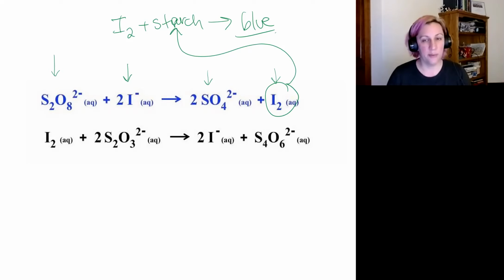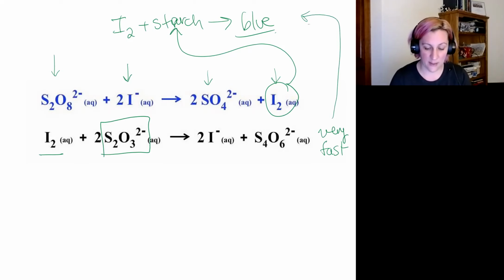So this is when we employ the second trick. We add another chemical to the reaction mixture, one that does what we call a side reaction, and that is this S2O3 2 minus. This will react with iodine very fast, like super duper fast, such that the iodine will react with the S2O3 before it reacts with the starch.